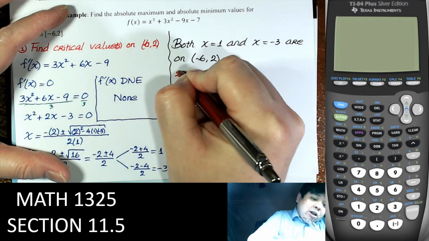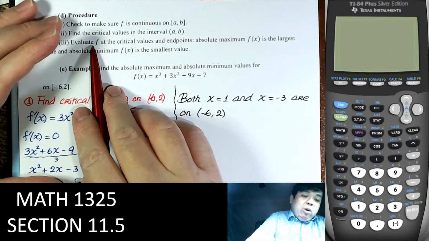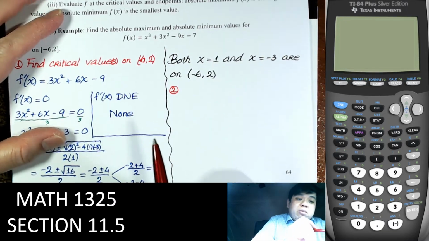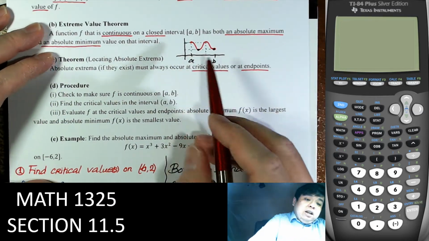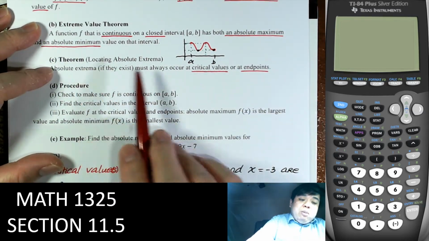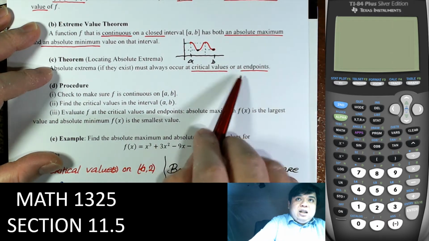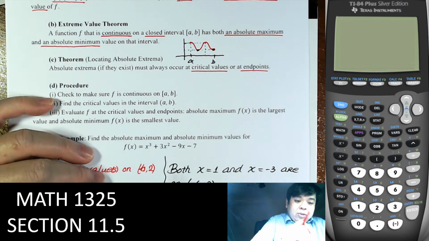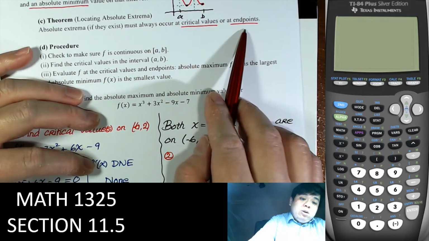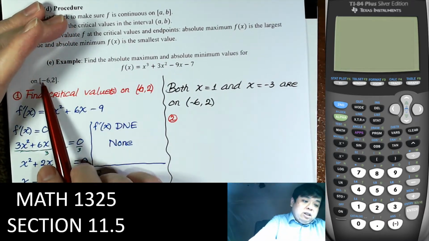The second one is to evaluate the function and determine the maximum and minimum. The absolute extrema must be at the critical values or at the endpoints. So those are the candidates for the maximum and minimum. So we're going to evaluate the function at those points and at the boundaries.